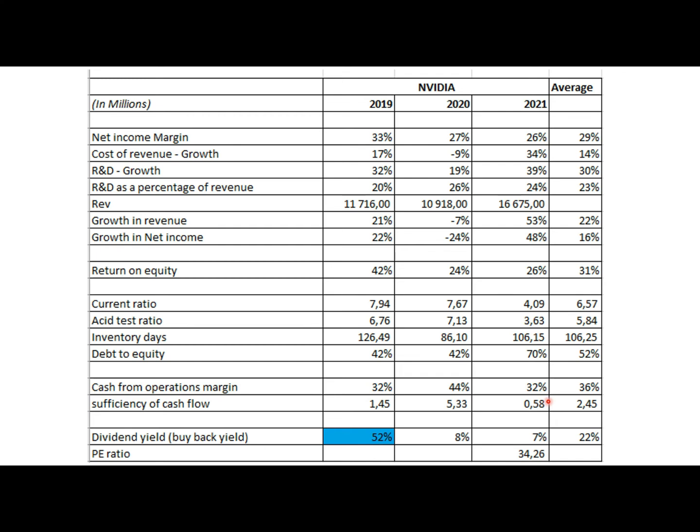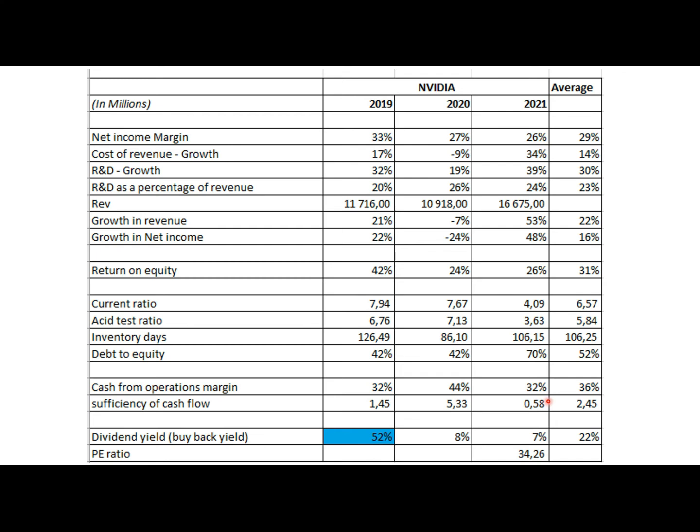It's actually using cash from operations to invest in operations to make them better and to add long-term shareholder value. So it's very efficient with its cash use. I like it. That is very pleasing. So the overall cash position of Nvidia is very positive.